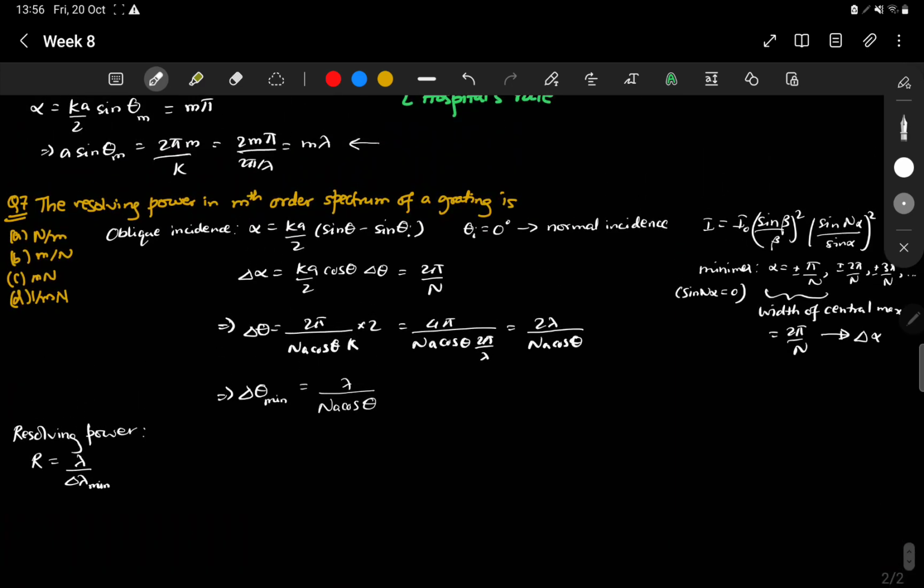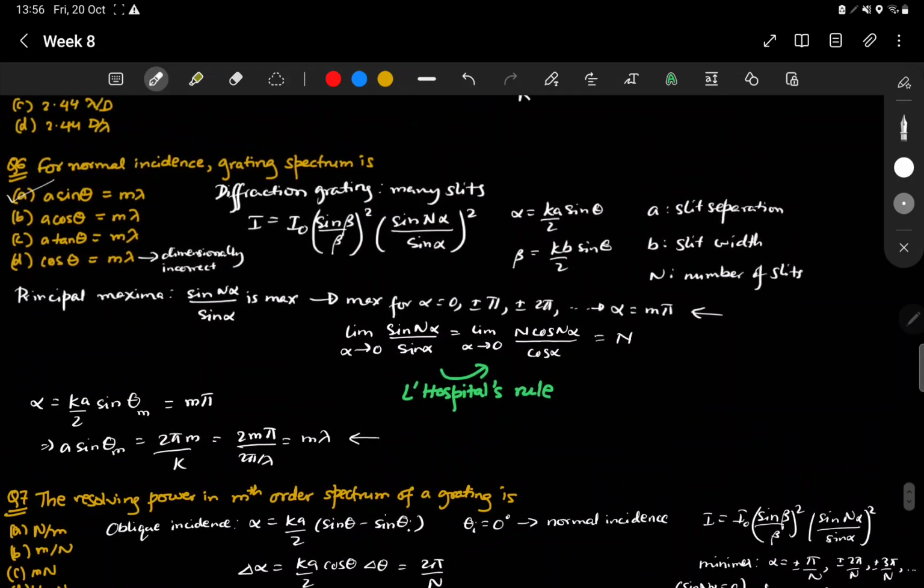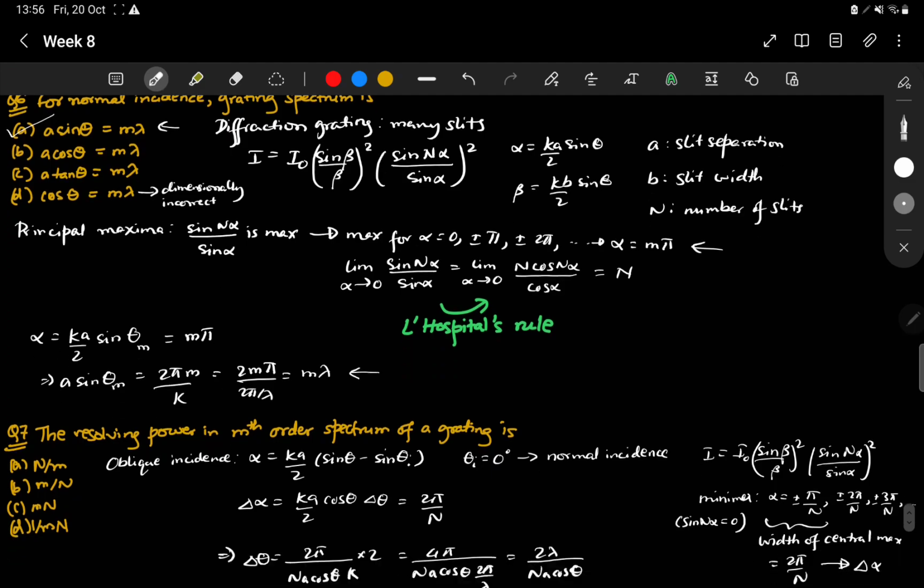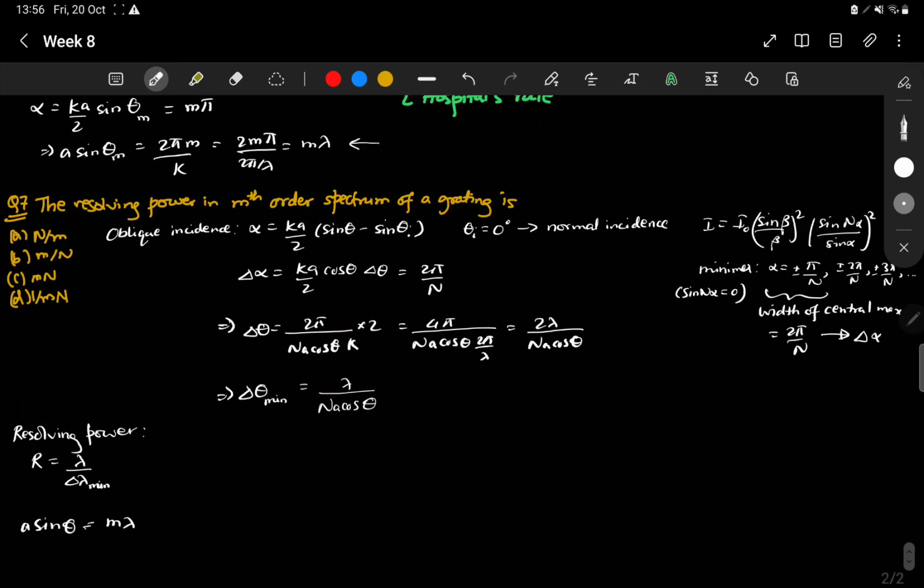Now from the grating equation we know that a sine theta equals m lambda. We just saw it in the previous question. So this means that if I differentiate, d theta over d lambda is m over a cos theta.